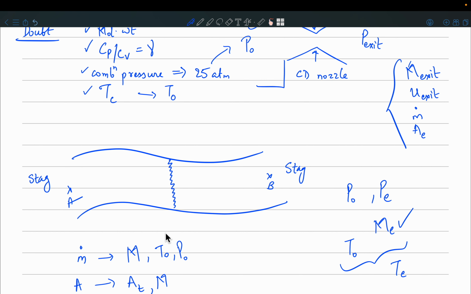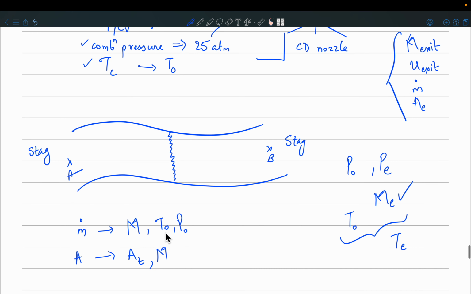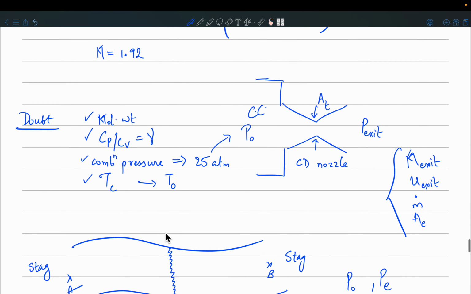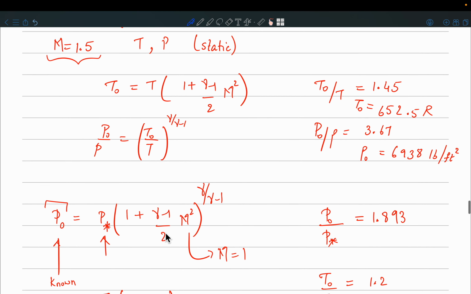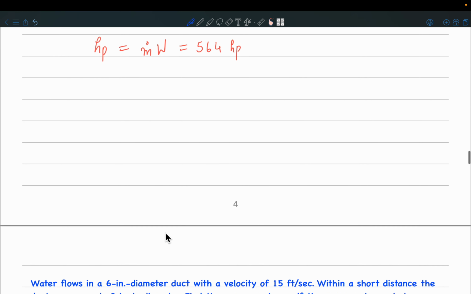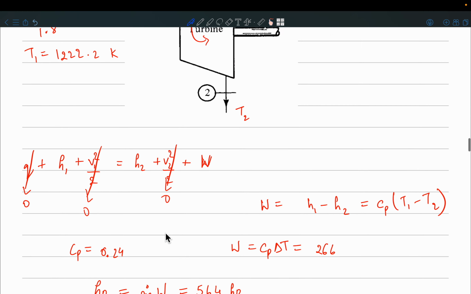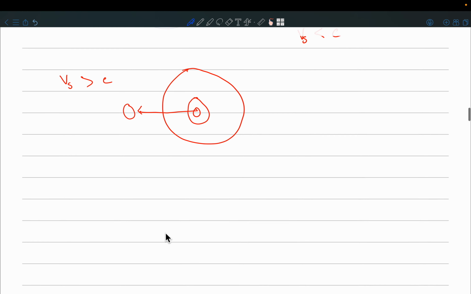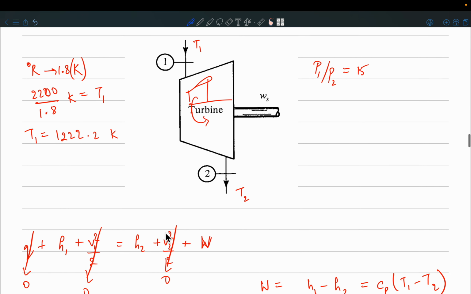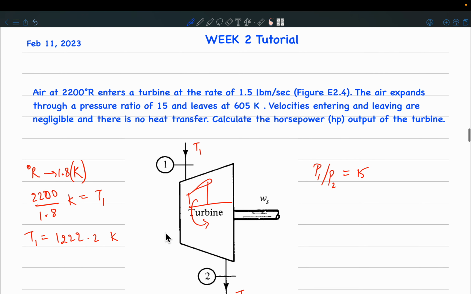Because I'll be discussing these questions in the next session. These kind of questions. Right now, whatever I discussed was mostly static, stagnation, and adiabatic ellipse. So all this was in week 2. This is week 2 tutorial.